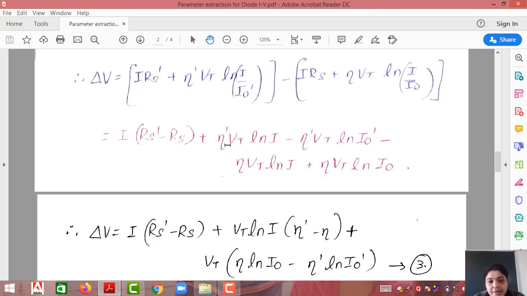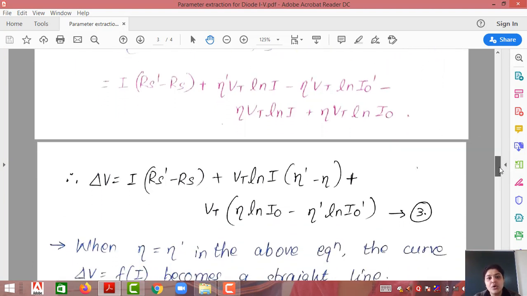So I have one term eta dash Vt ln I minus eta dash Vt ln I0 dash. Similarly, here also I can write it as ln I minus ln I0. But there is a minus sign over here. So my first term will be minus eta Vt ln I plus eta Vt ln of I0.